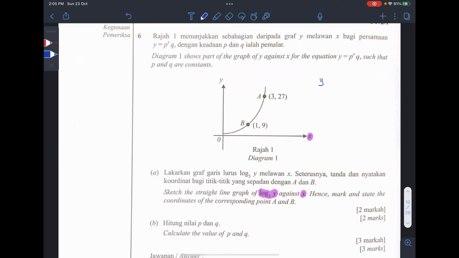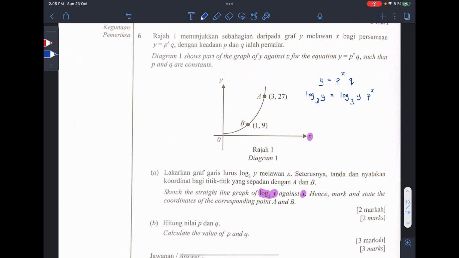So we're going to start by writing down our equation first. y equals p to the power of x, times q. Since they want us to have log base 3, right? So we're going to take log base 3 on both sides. So log base 3 of y equals log base 3 of, and inside here we have p to the power of x times q.